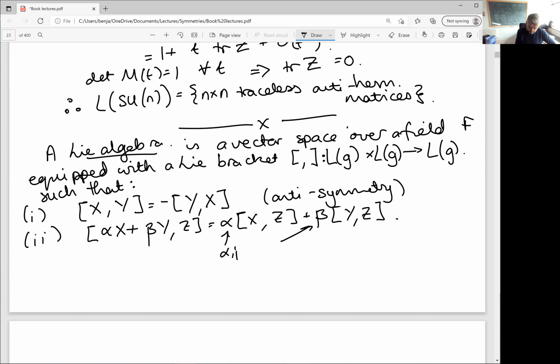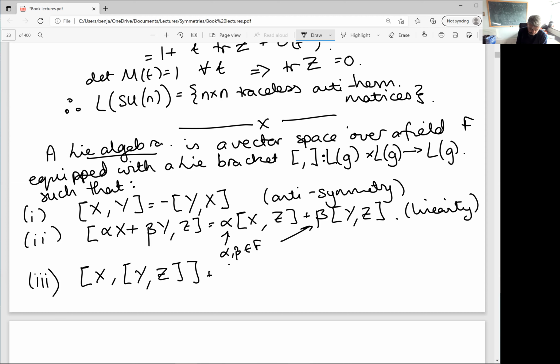Alpha and beta are in F. X, Y, and Z are in the vector space. Okay, so this is linearity. And thirdly, we have the Jacobi identity, which written in terms of Lie algebras is the following.